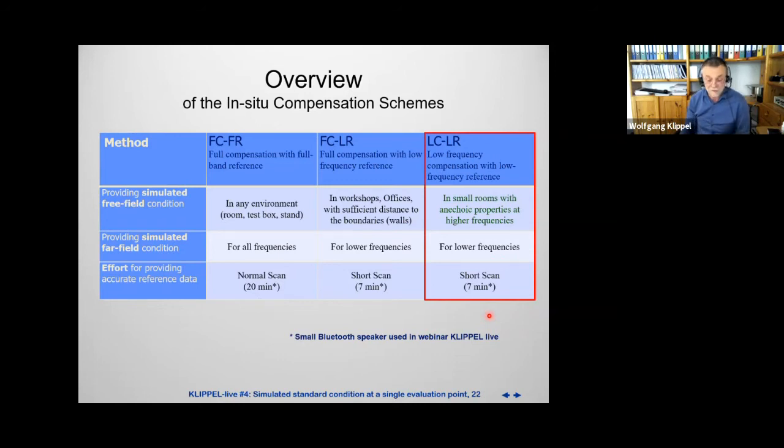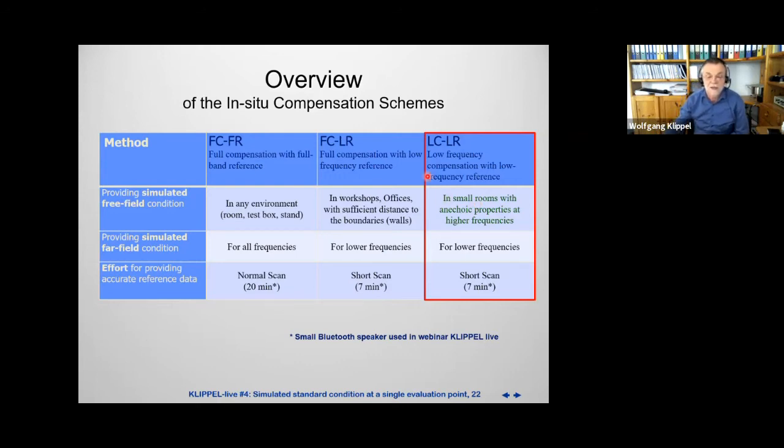And then there is the last method. This method also needs only reference data at low frequencies. And we can realize this with a short scan, 7 minutes. But this is quite nice for, I would say, small rooms, maybe a little bit larger than that here, but with some treatment at the walls to generate approximately anechoic properties at higher frequencies.